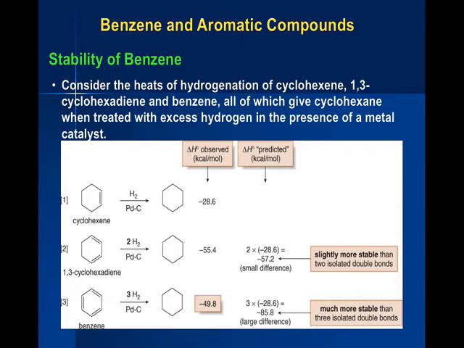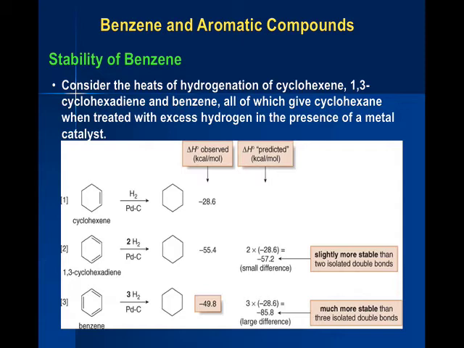Now, if we take this same ring and we add one additional unsaturation, but make it conjugated, right, and we hydrogenate it, what we find is that we get about 55 kilocalories per mole, right? Now, if I just take this number and I double it, I would have 57 kilocalories, right? I'm not getting a full 57 out of that. Why is that? What am I losing? Am I losing or am I gaining?